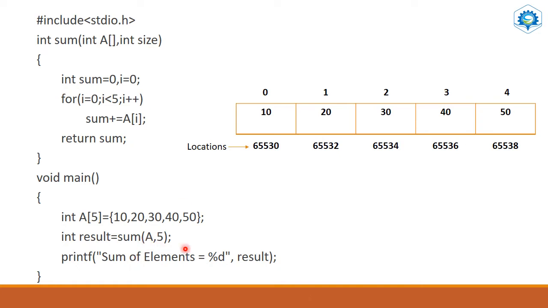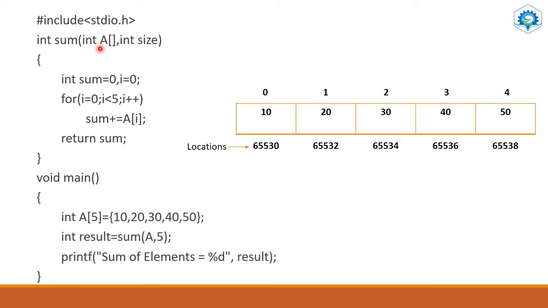When we are passing the array address, the function will have no idea about the size of the array. So we have to give the size also along with the array. If there is a need for size in the function only, you may include size, otherwise it is not necessary. Here we are passing the size of the array along with the address.